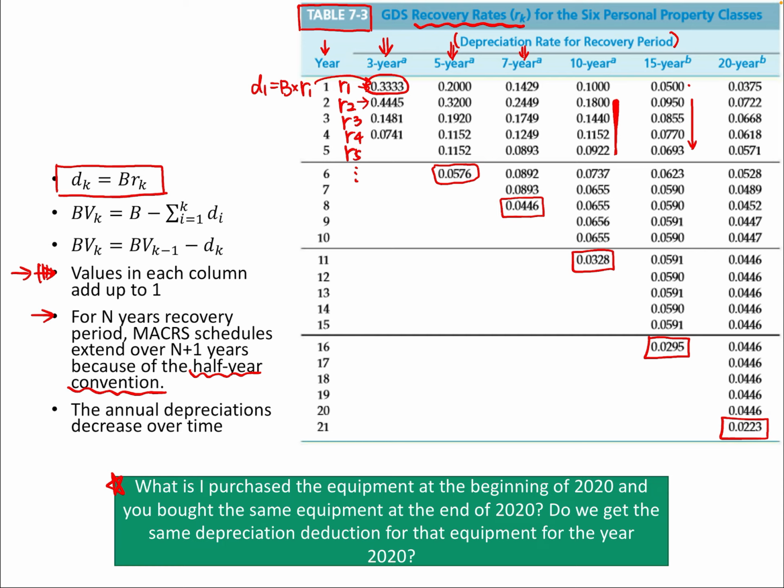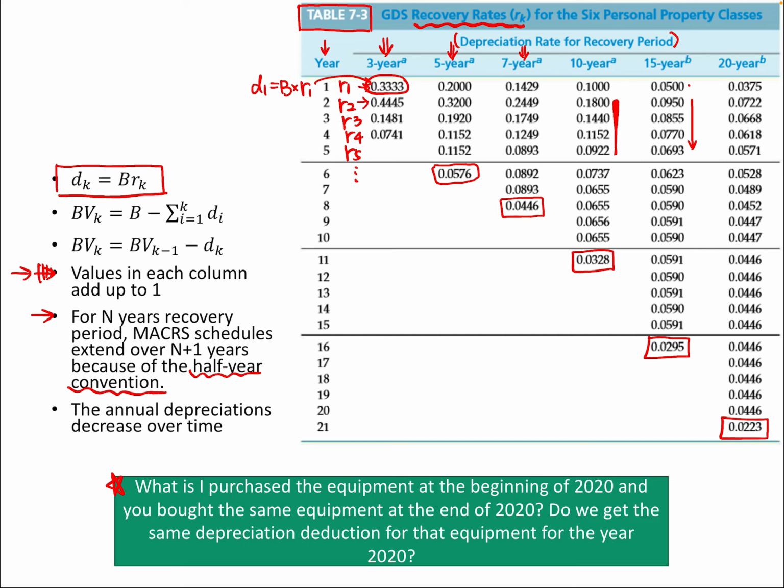Sometimes a company or a business can purchase the equipment at any time of the year, right? You can purchase it at the beginning of the year, I would purchase it at the end of this year, and somebody else would purchase something in the middle of that year. So in one year, businesses will purchase things at different time spots.